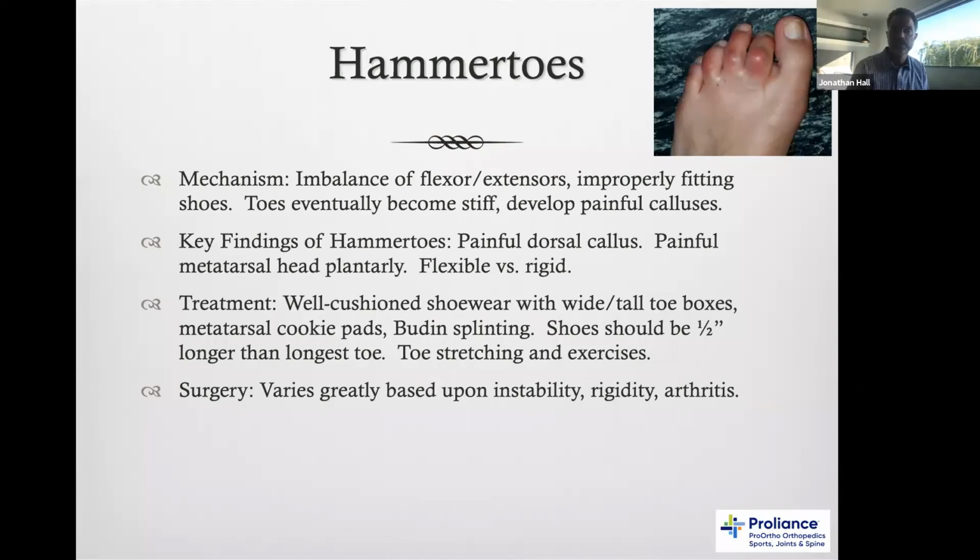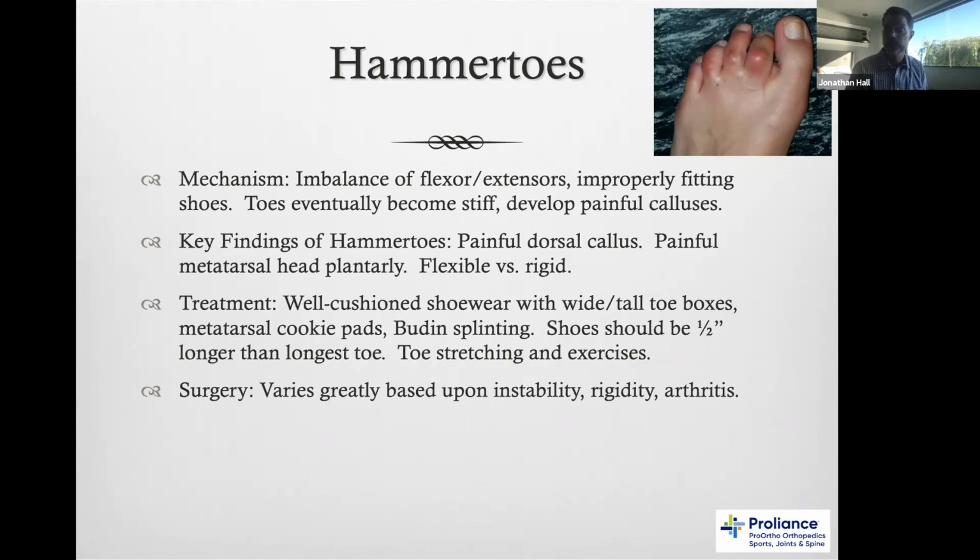I mean, the neuromas are typically in between the second web space and the third web space. The joints themselves can go bad and become unstable with plantar plate injuries. The hammertoes can lead to dislocations of those joints. So certainly get that checked out and evaluated.